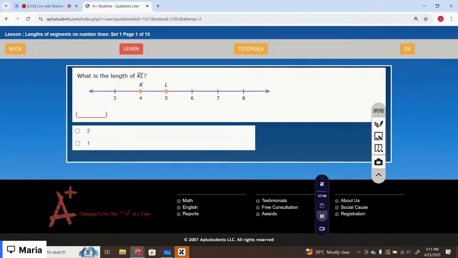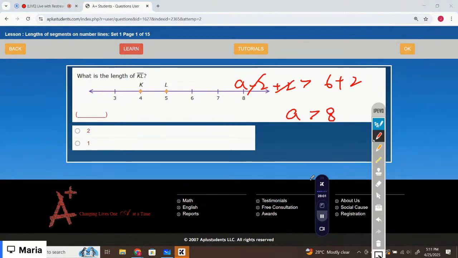The coordinate of K is 4, the coordinate of L is 5. So KL is 5 minus 4, that equals 1. You have to calculate the absolute value, right?